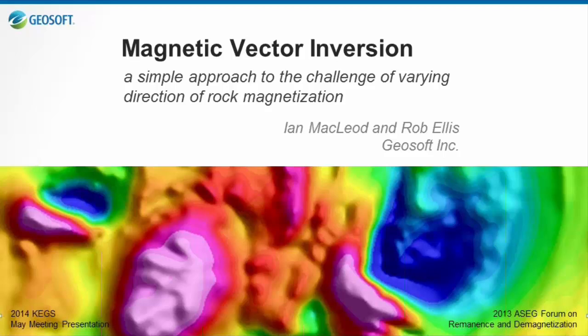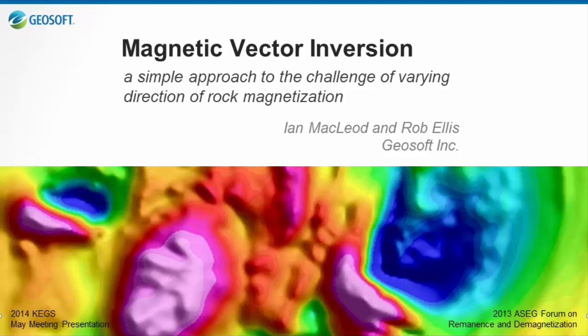So a quick outline. I'm going to first remind us of some basic but important properties of the magnetic field, a bit of Magnetics 101. I'm going to then explain how magnetic vector inversion works and show you how it behaves with synthetic data. And I'm going to compare it to a really well-studied remnantly magnetized intrusion in South Australia.